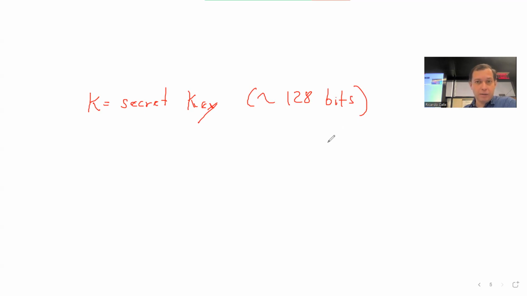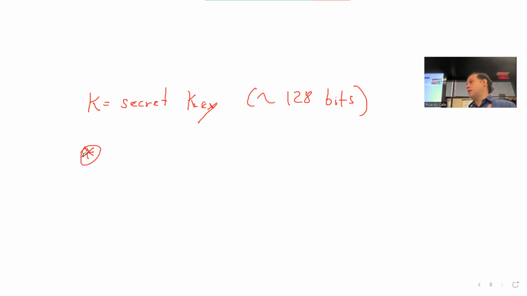Now, I've noticed students are always surprised by this one, but it's true. The encryption algorithm is publicly known. It's not a secret. It's not like you have to keep it in a lockbox and nobody should know what the encryption algorithm is. You actually want the opposite. What they usually do in cryptography is have a conference every year and a competition, and everybody's trying to break these algorithms.